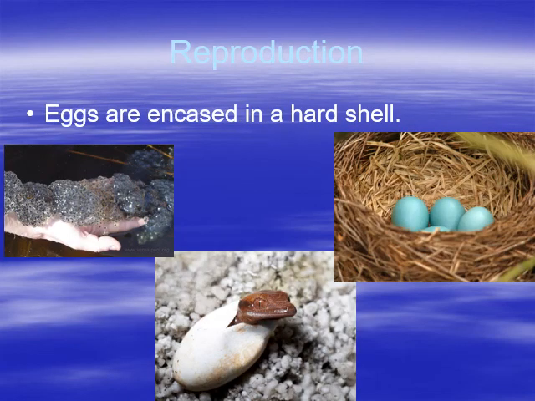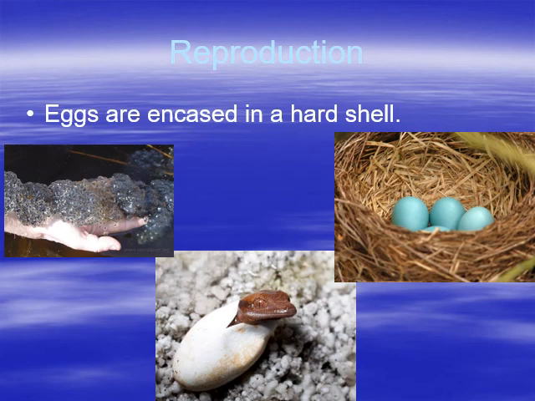Eggs of the birds are going to be encased in a hard shell, like we have said. The example that we see over to the top left of bird eggs is something that you're probably used to seeing. Other types of eggs that we find in other organisms, we have amphibian eggs, which are not covered by a hard shell. They're often laid in water. We have a person holding a whole bunch of amphibian eggs, frog eggs probably, in their hand over to the left.